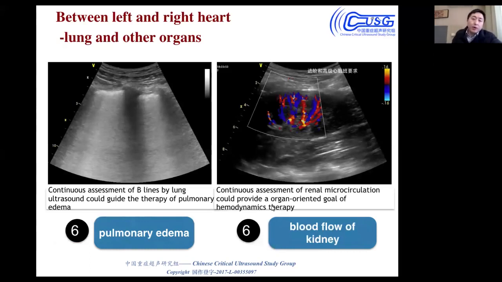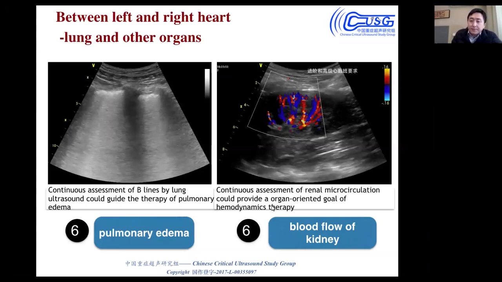The diffuse B lines found in the lung ultrasound may give you the information to distinguish whether the patient has lung edema or other disease like COVID-19.